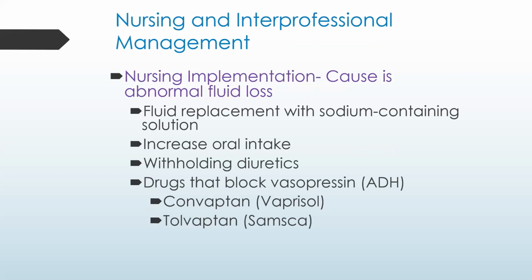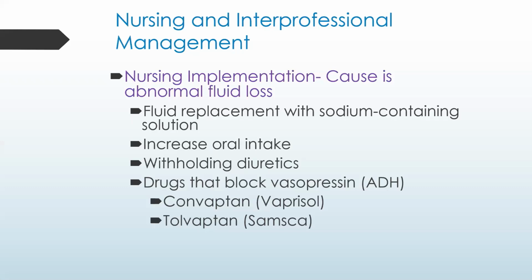Vasopressin receptor antagonists, or drugs that block the activity of ADH, are used to treat patients who cannot tolerate fluid restrictions or have more severe symptoms. Conivaptan, or Vaprisol, results in increased urine output without loss of electrolytes such as sodium and potassium.